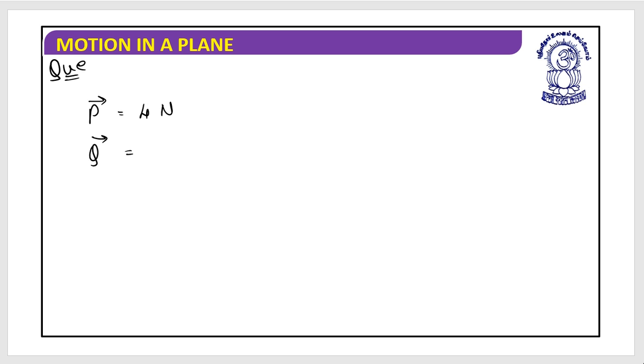Vector q is there having a force of, let's say, 1 newton, and the angle between them is 120 degrees. So the situation would be something like this: this is 4 newton, this is 1 newton, and the angle between these two is 120 degrees.